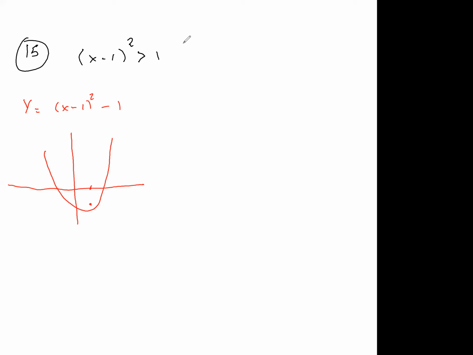Also, I can visualize the critical points on the real line. In the critical points, we have x minus 1 squared greater than 1. Apply the square root to both sides.